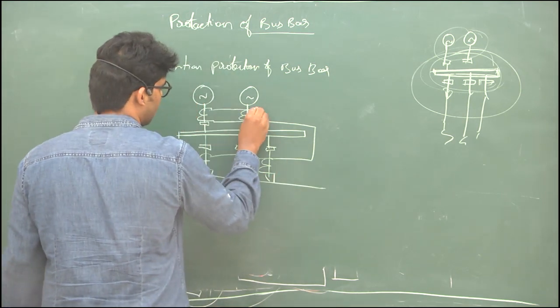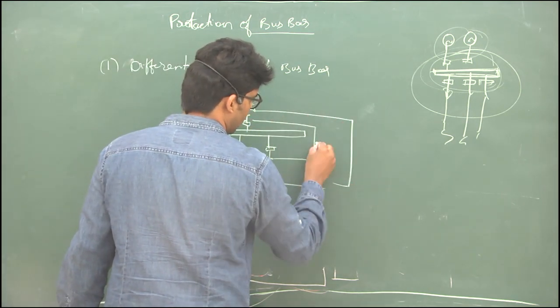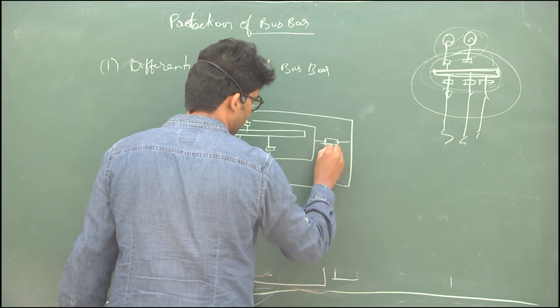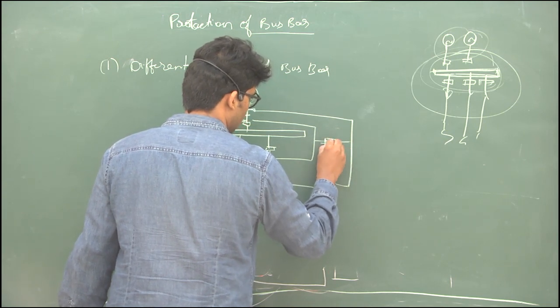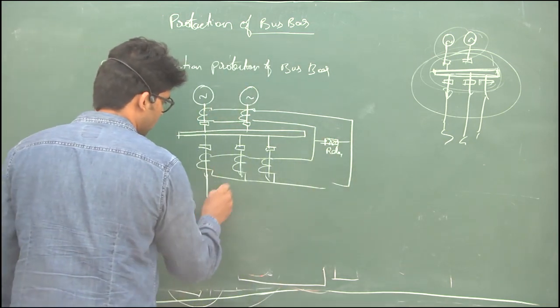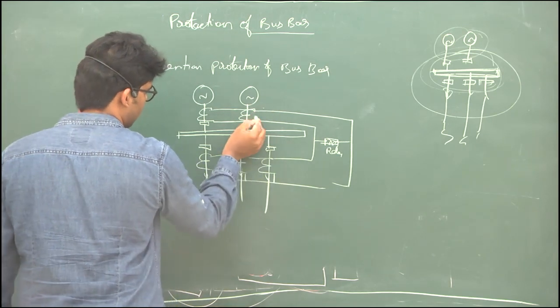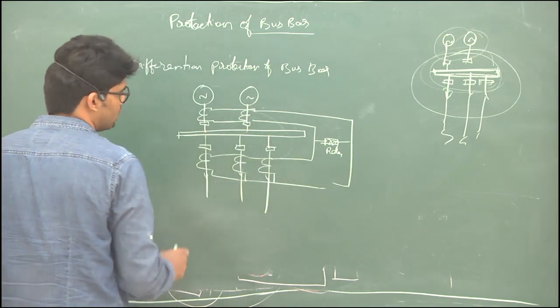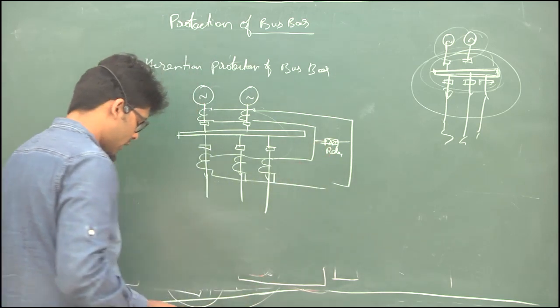This is the connection, and we'll have a relay coil here. So this is the protection zone. The relay should operate when a fault has occurred.